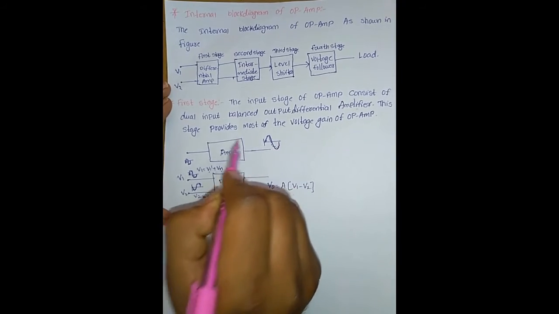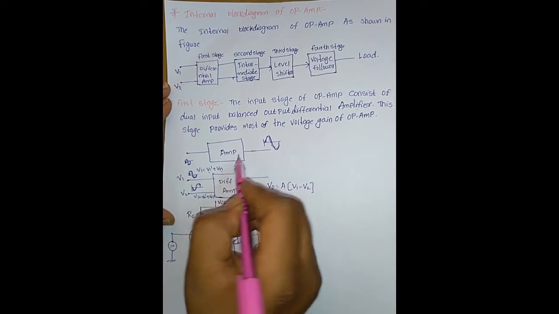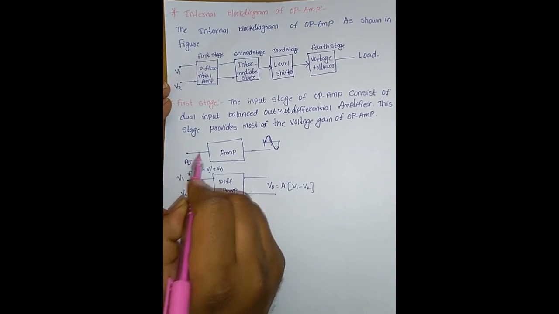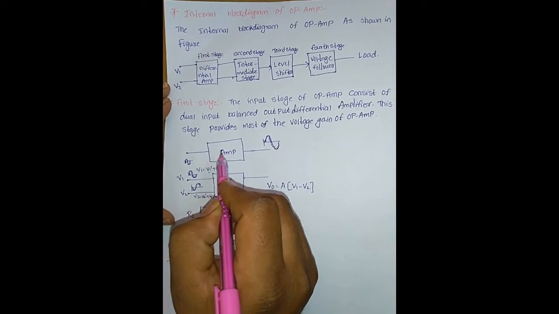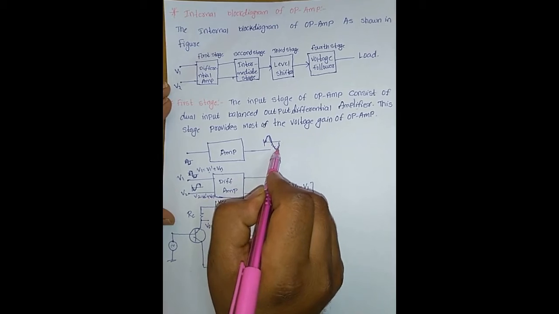If this input signal is affected by a noise signal, then this amplifier amplifies the input signal and also amplifies the noise signal. Therefore, the noise is added to the output signal.